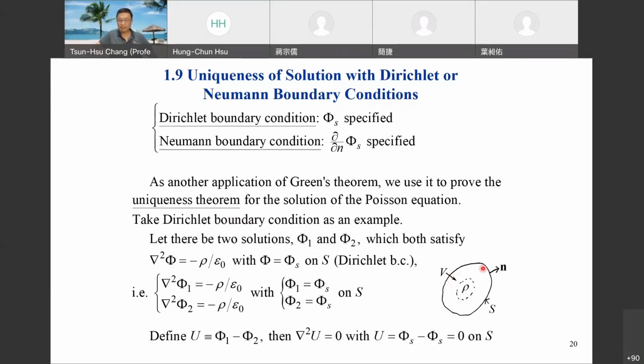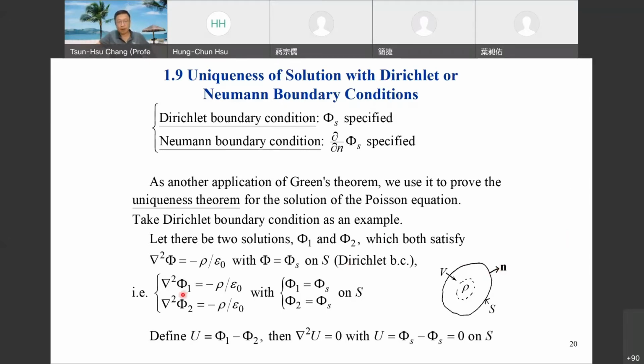This is the volume, and we have a charge distribution inside. And this is the surface, with the normal direction from inside out. Remember, the boundary normal direction is pointing outward.